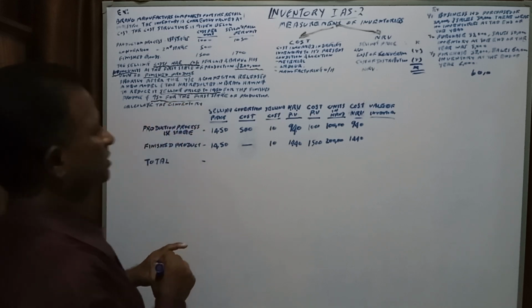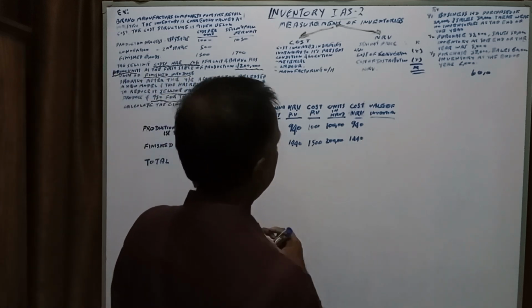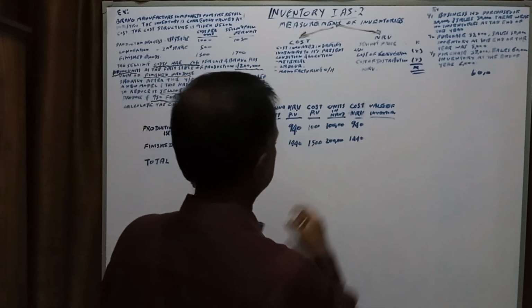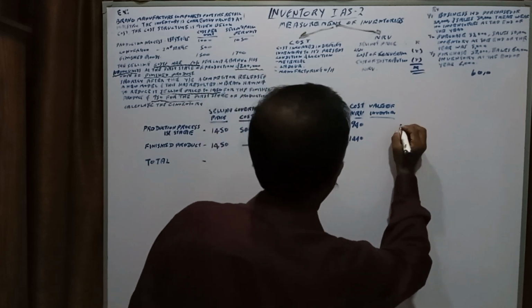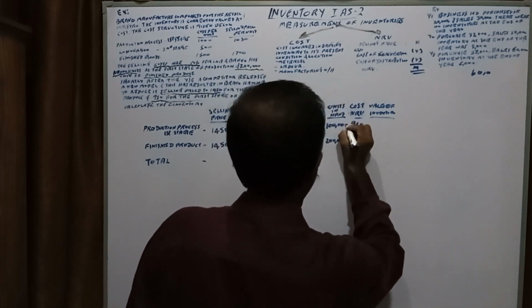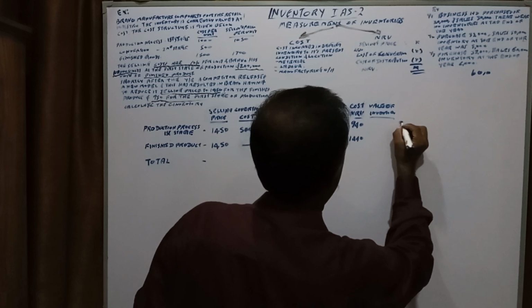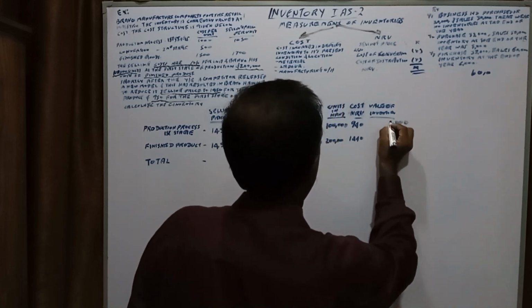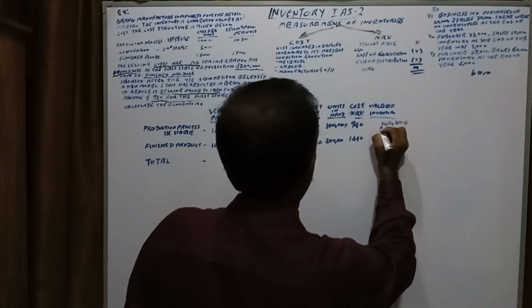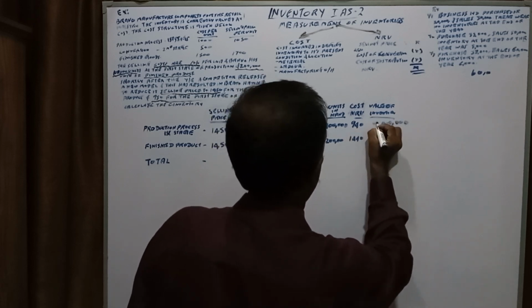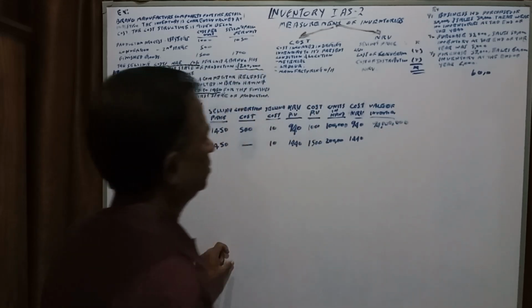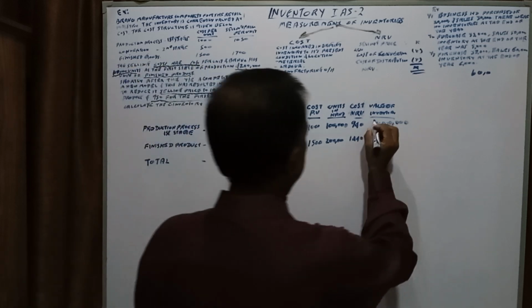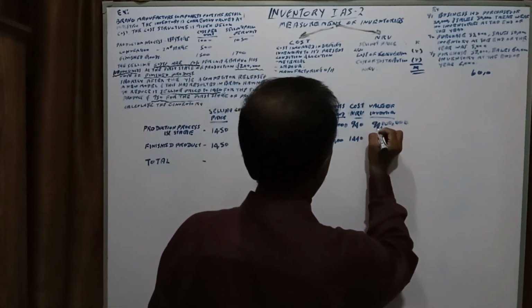If that is the case, we have to calculate like this, right? So this one comes to 94 million.